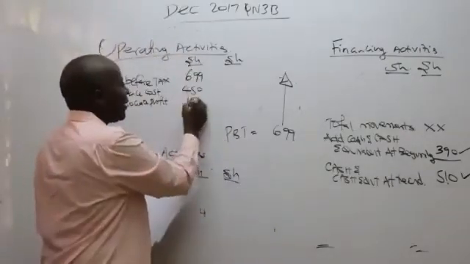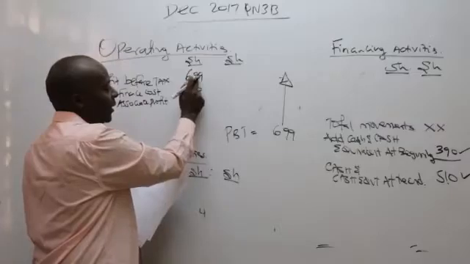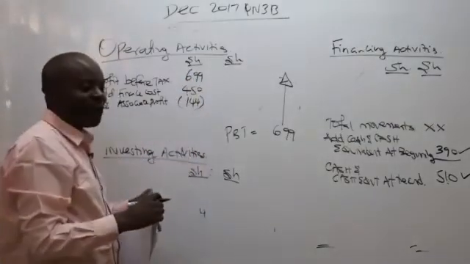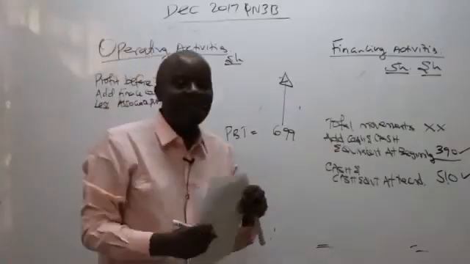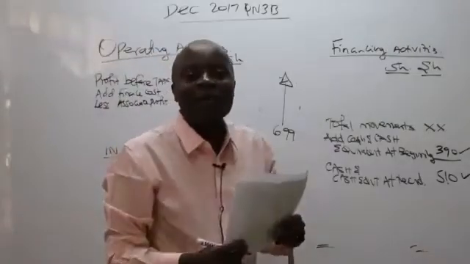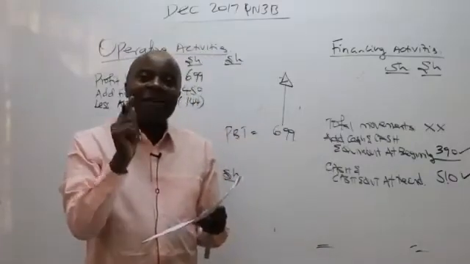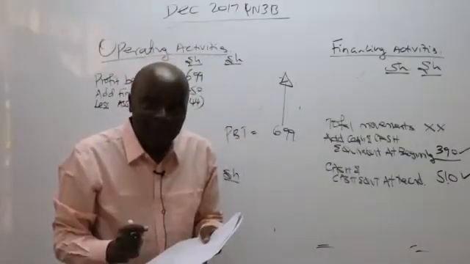I have to deduct it simply because they had added the figure to arrive at this. Now, can someone talk to me this afternoon? Why am I subtracting, ladies and gentlemen, this associate's profit? It's because of misplacement.